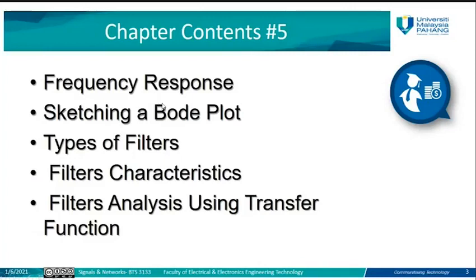In control systems, the Bode plot is also used to study system stability, but we are not going to focus on that part here, because it falls under control systems. There the Bode plot is used to find the phase margin and gain margin, and these two values are used to investigate whether the system is stable or unstable.